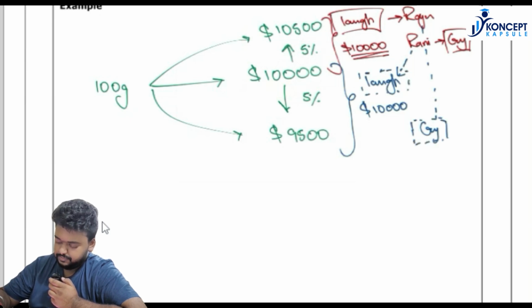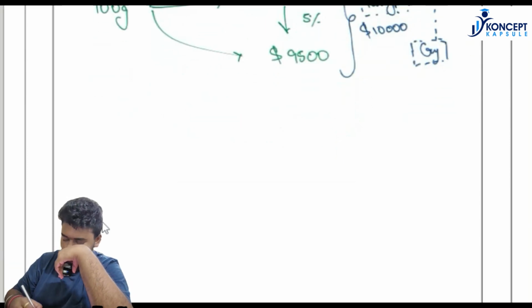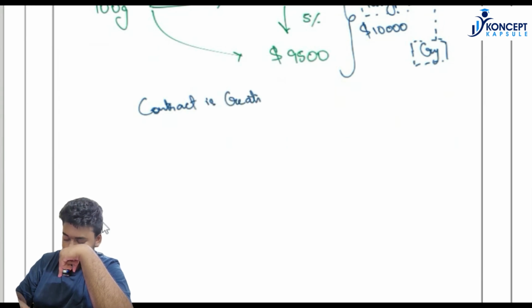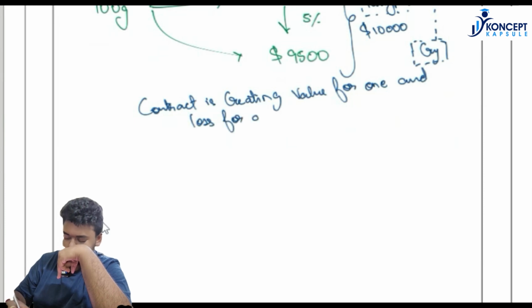So basically, this contract is creating value for one and loss for another. Yes or no?